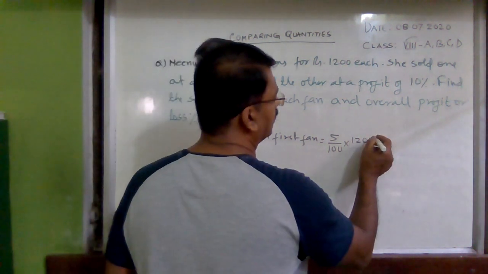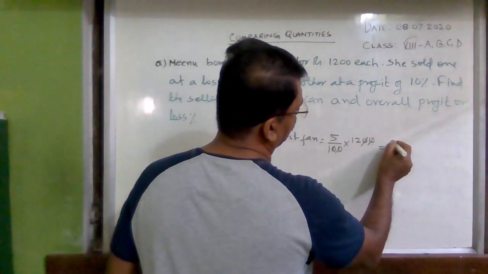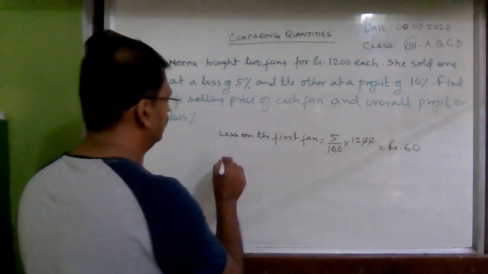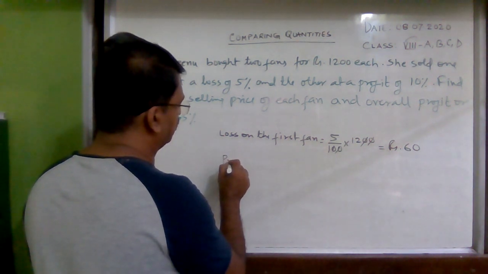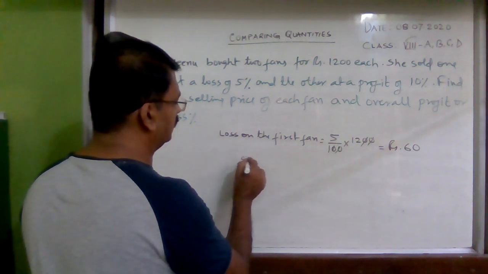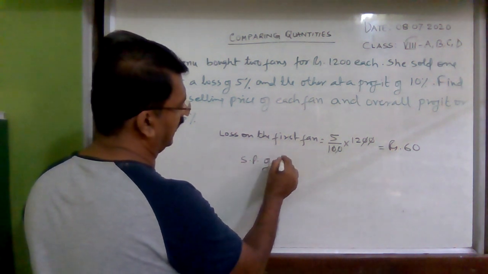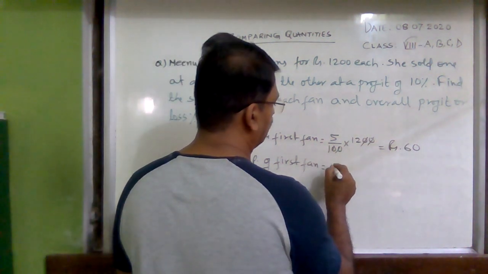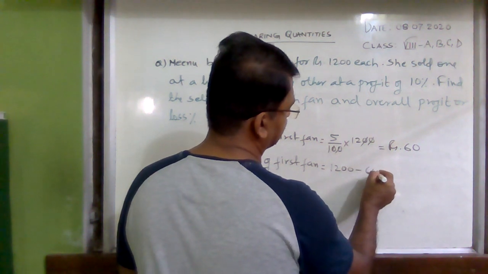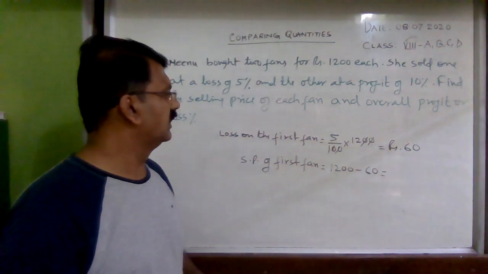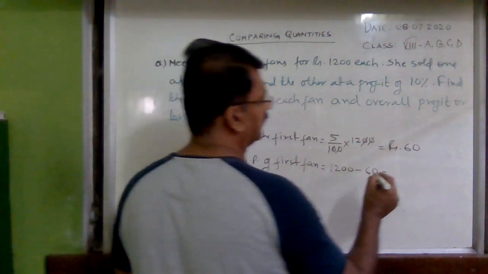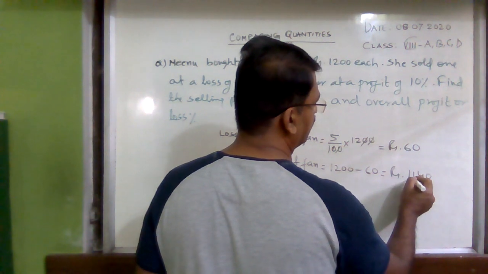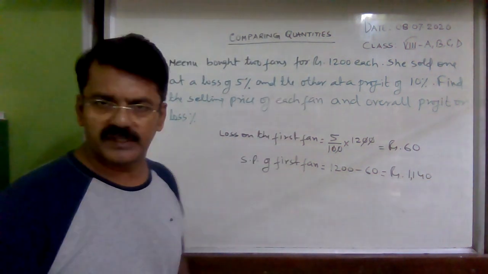So 5% of 1200 is equal to rupees 60. So SP of first fan will be equal to 1200 minus 60, because CP minus loss will give you the SP. 1200 minus 60 is equal to rupees 1140. 1140 rupees is the SP of first fan.